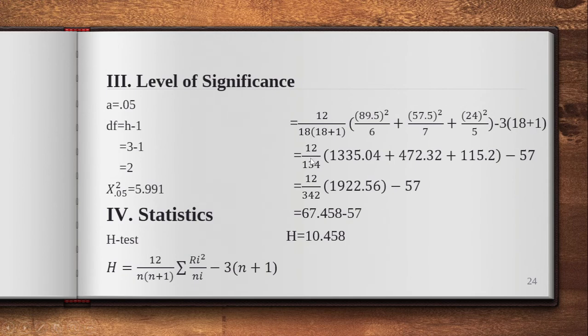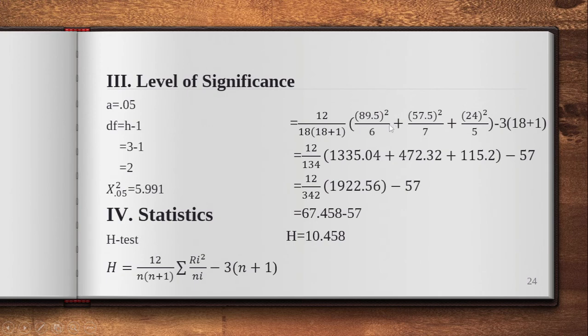Now, 12 over 134, because of this computation. Now 89.5 raised to 2 over 6, we have 1,335.4 plus 472.32 plus 105.2.